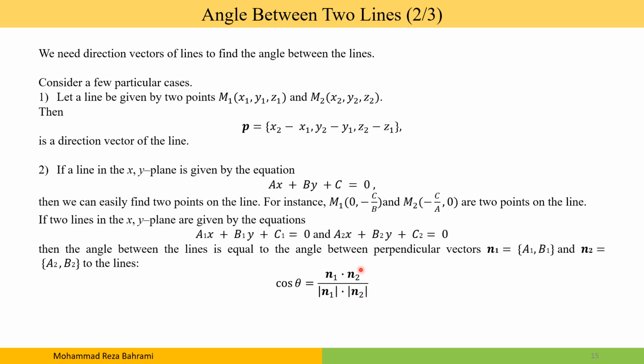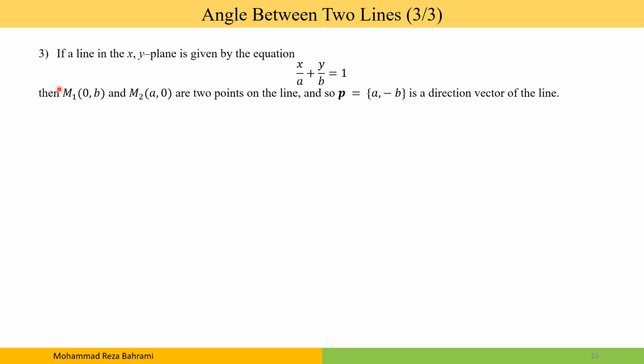So we can use this formula. Note that a perpendicular vector to a line is also called a normal vector. So these normal vectors n are perpendicular to the line.